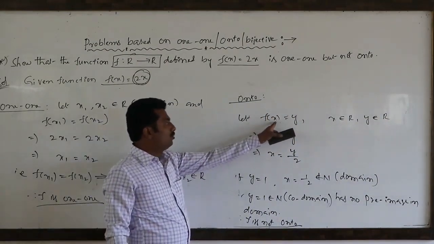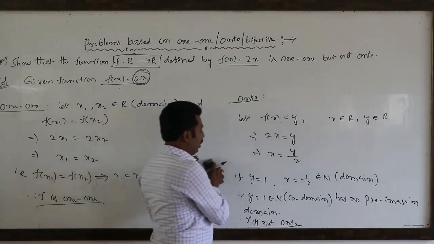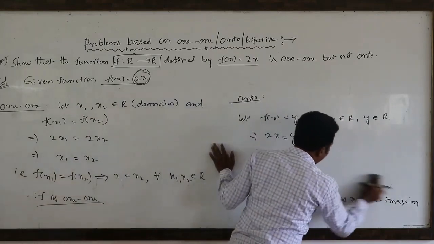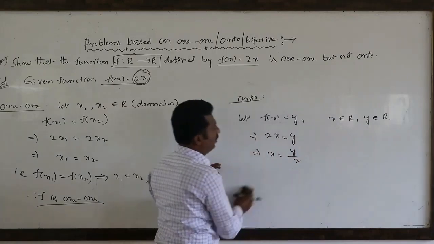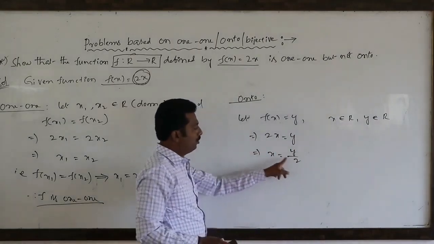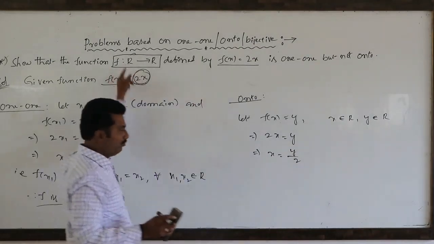Later we assume f of x means 2x, and write x as the subject. If you observe, any real number you take, suppose y equal to 1, 1 by 2, so x value 1 by 2 we get. This 1 by 2 is clearly in domain, means a real number.